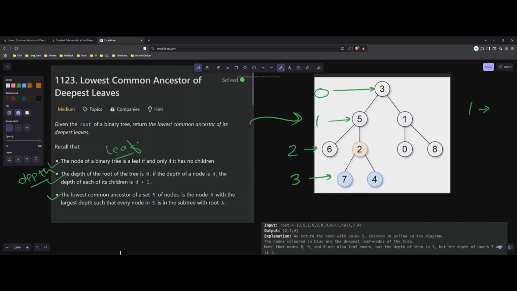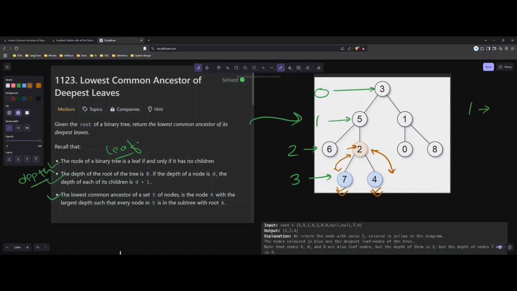So for this 7, its parent, or ancestor, would be 2. But we are talking about the common ancestor. Common means these two leaves should have a common parent or ancestor. Then we can say this is the lowest common ancestor.